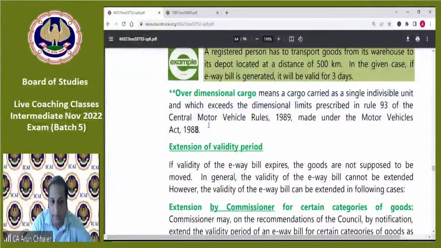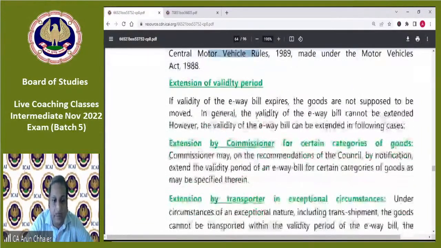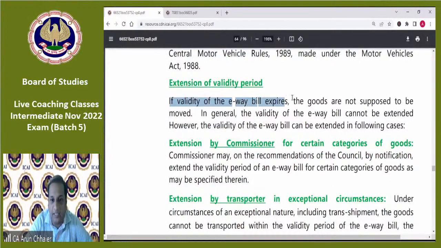ODC cargo, over-dimensional cargo, means a cargo carrying a single indivisible unit which exceeds the dimensional limit prescribed in the Motor Vehicle Rules. Can validity be extended? If validity expires, the goods are not supposed to be moved. After expiry, you cannot move the goods. In general, the validity cannot be extended.